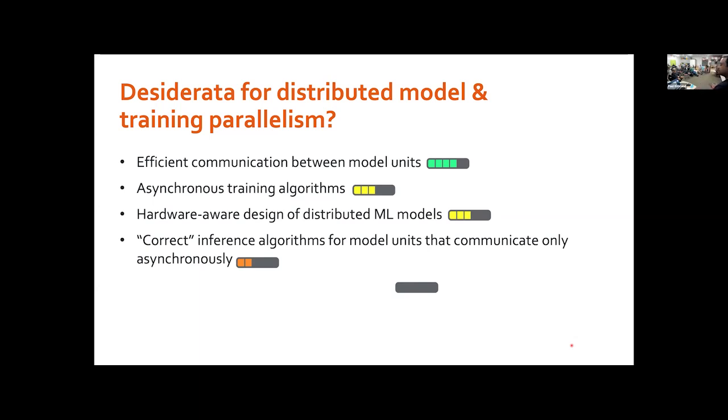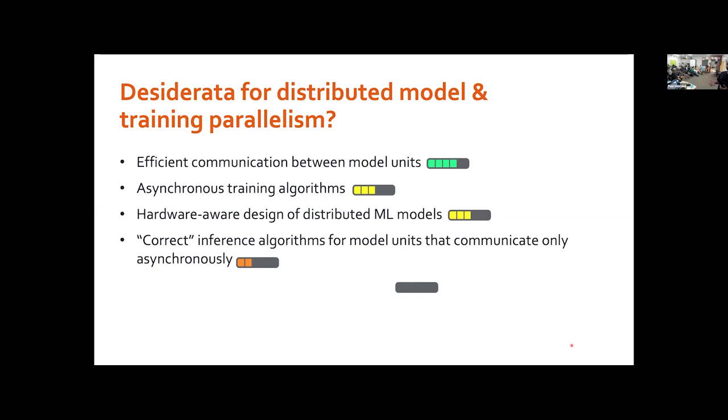And then correct inference algorithms for model units that communicate only asynchronously. This is an interesting area because, at least as far as I'm aware, in the algorithmic space there has been very little work done in this area. But obviously, people who design hardware, like we saw in some of the previous talks during Telluride, really think about completely asynchronous implementations of algorithms.